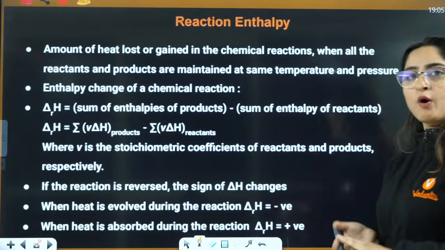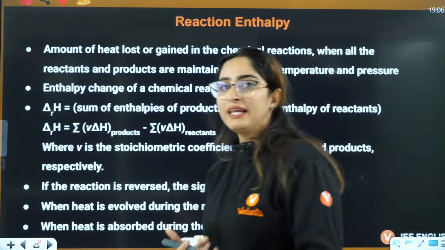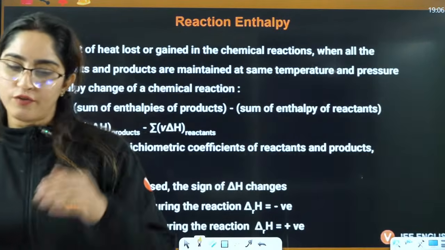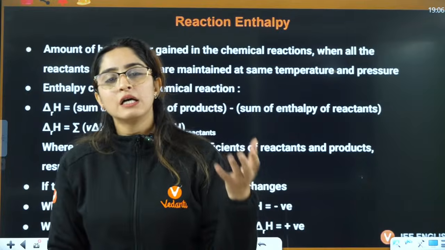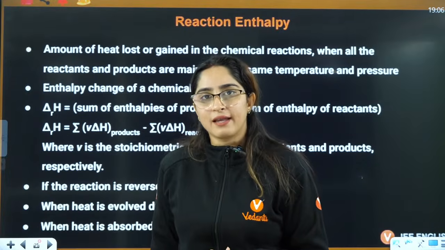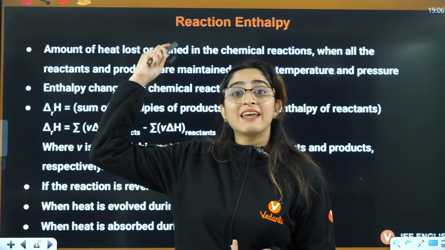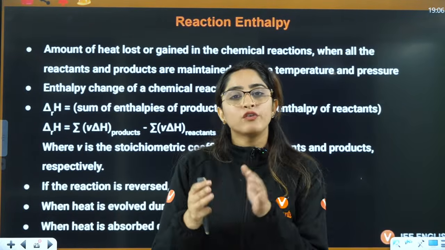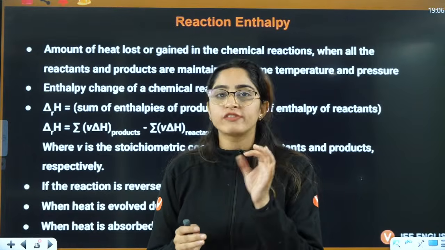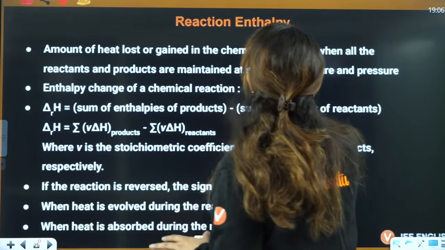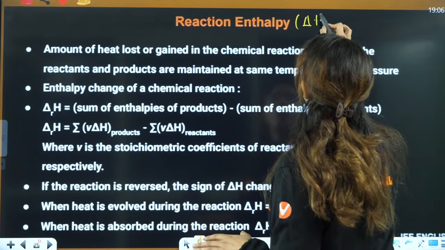So let's talk about it: any reaction will lead to a change in energy. For reactant to product, an energy change will be there, right? That we call enthalpy. That is called reaction enthalpy, or we say enthalpy of the reaction, which is represented by delta HR.